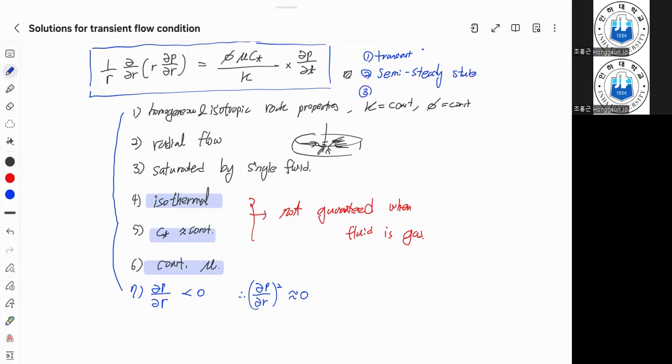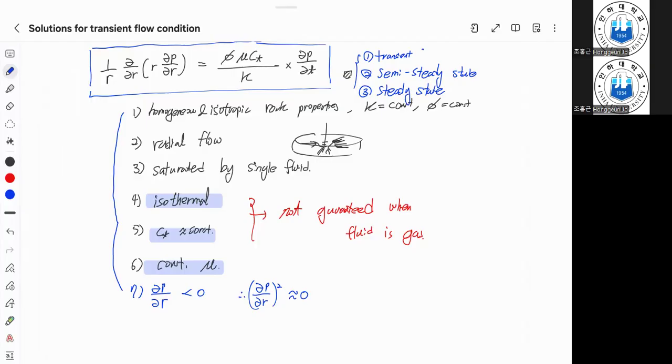Otherwise, we may end up with an aquifer, or we have secondary production, meaning if we have the influx of fluid from injection activity, then that can also be steady state.